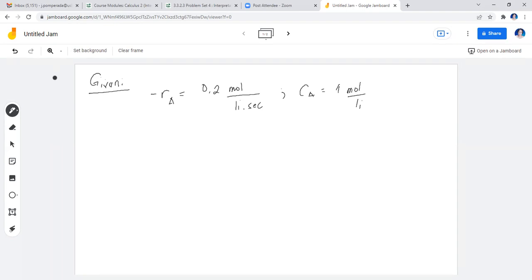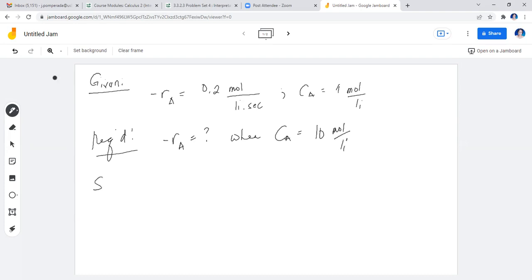You are required to determine the rate when the concentration of A after some time is 10 moles per liter.